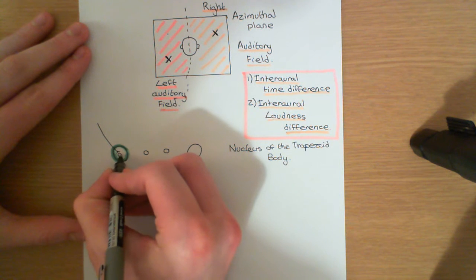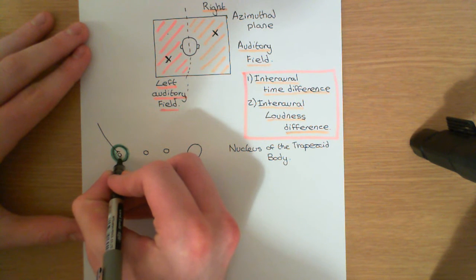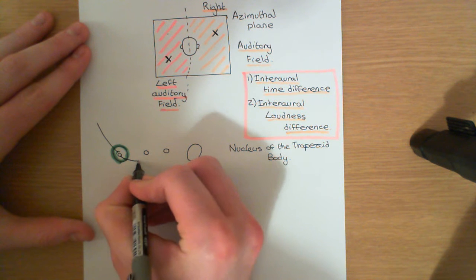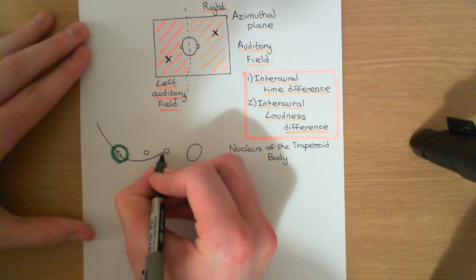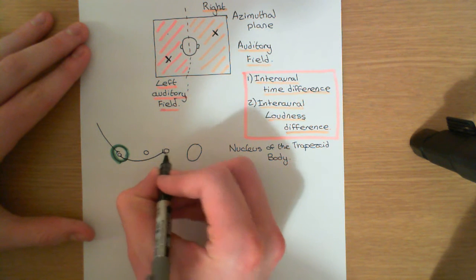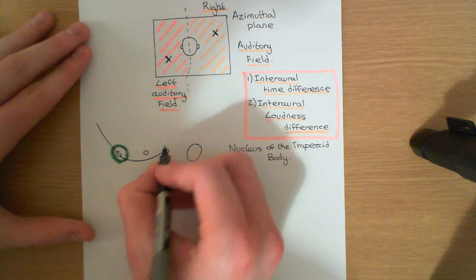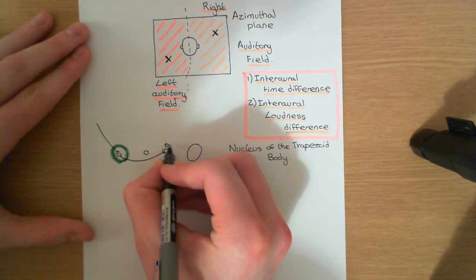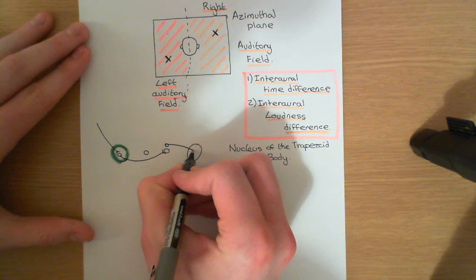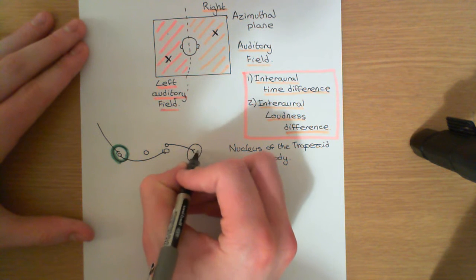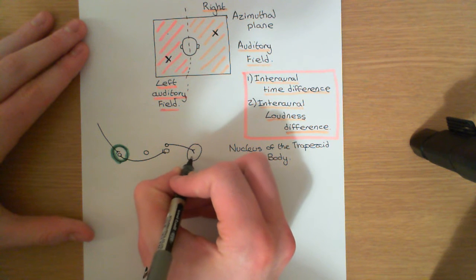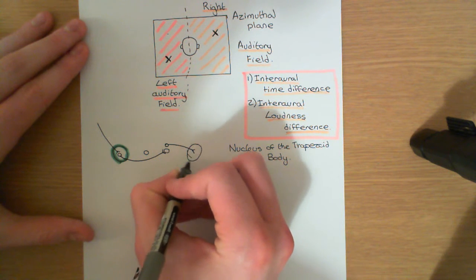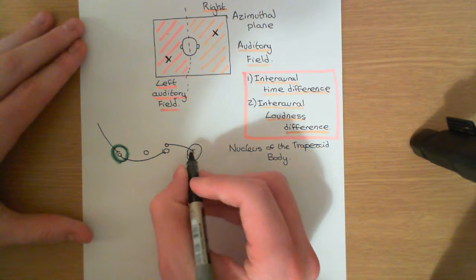So what's going to happen is some of the neurons inside the superior olive are going to send their axons over into the nucleus of the trapezoid body on the contralateral side, and in the nucleus of the trapezoid body there are inhibitory neurons, which will send their axons into the superior olivary nucleus on the same side as it.